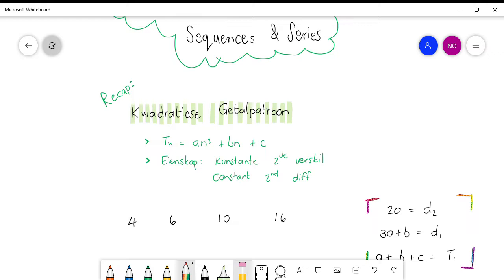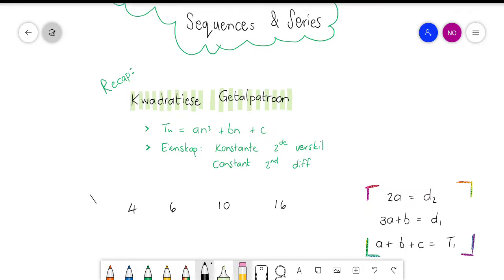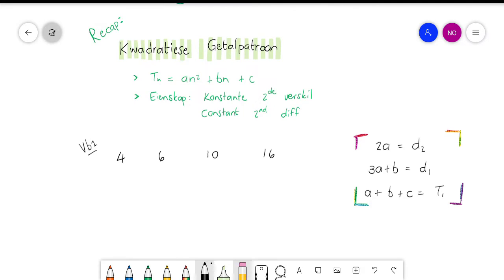So copy that sequence. Dis ons eerste voorbeeld. En daai wat ek daar vir julle in die reënboogblokkie geskryf het, onthou julle dit nog van daai jaar af? Sort of.